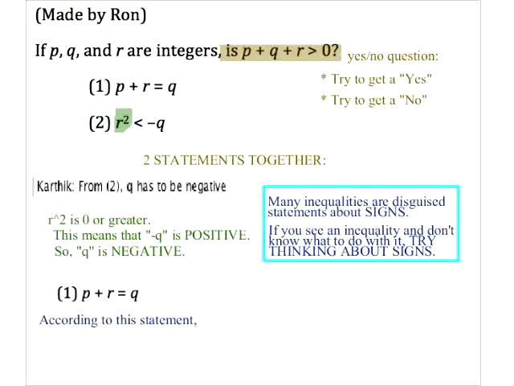According to this statement, P plus R is exactly the same as Q. So since we've discovered that Q is negative, that means that P plus R is also negative. So this is negative, and this is also negative. But let's take a look at our original question. The original question is the sum of P plus Q plus R.